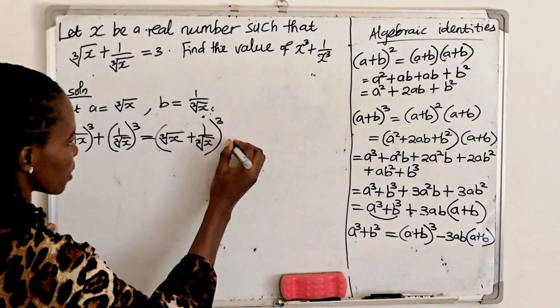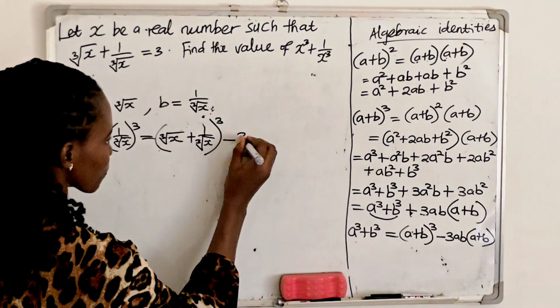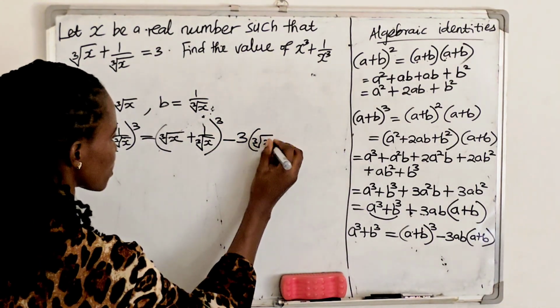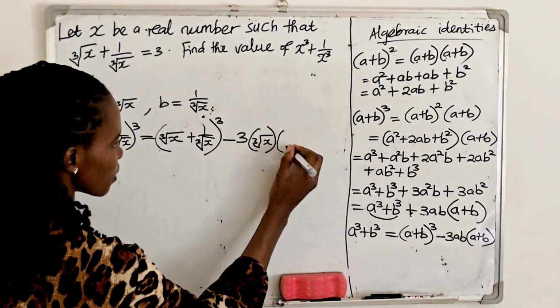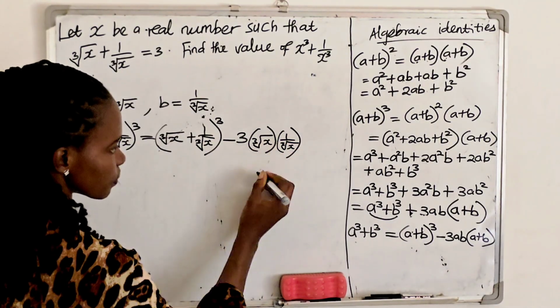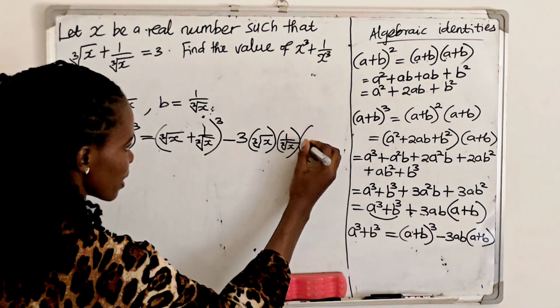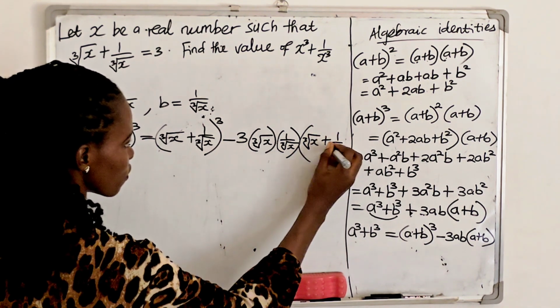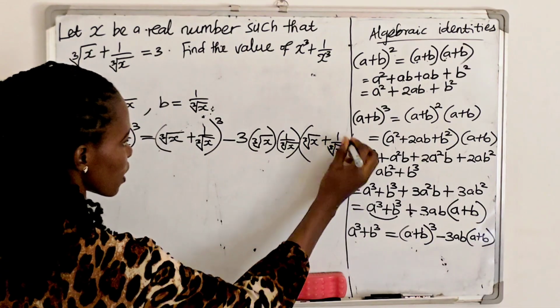raised to the power of 3 minus 3. A, my A is cube root of x, times B. My B is 1 over cube root of x. Bracket A is cube root of x plus B, 1 over cube root of x.